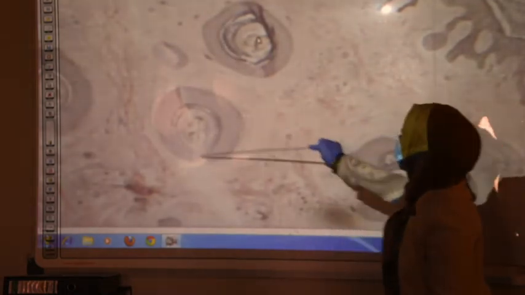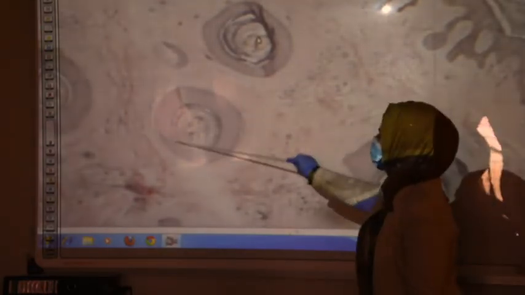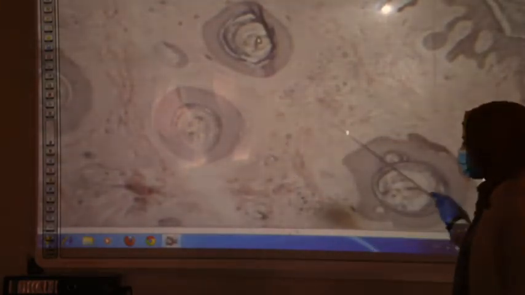Okay? All these hair follicles are distributed over our scalp. Okay?